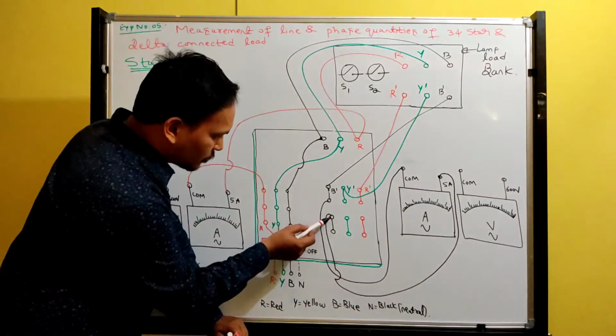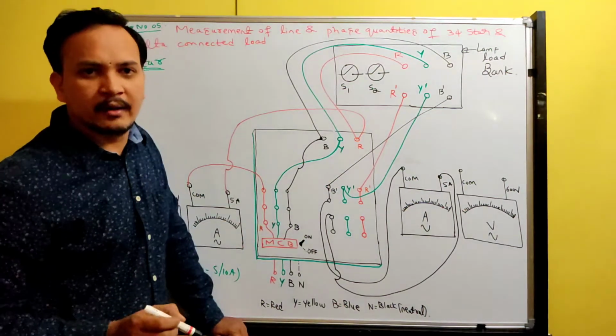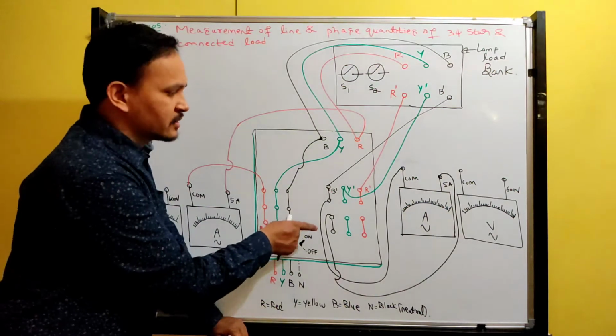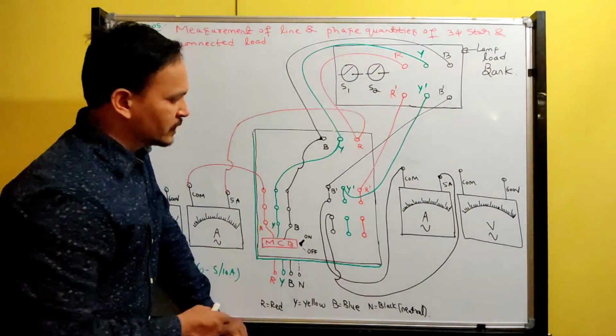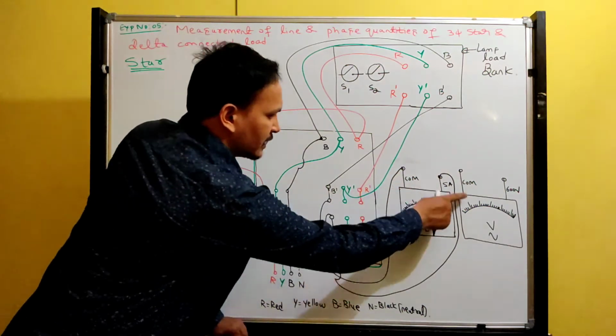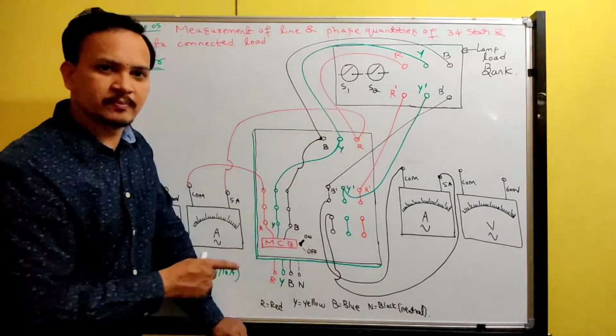You join these 2 points with the instrument. With instrument means in B dash I place the ammeter. So B dash is connected to common of the ammeter and ammeter another is connected to bottom of this pin.